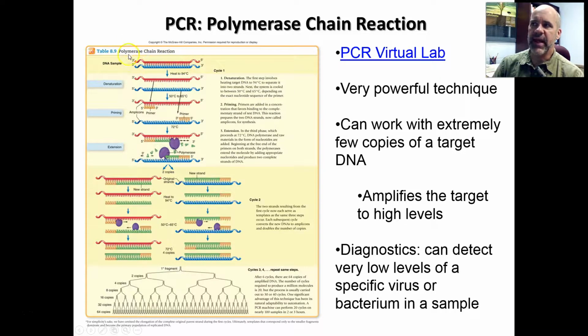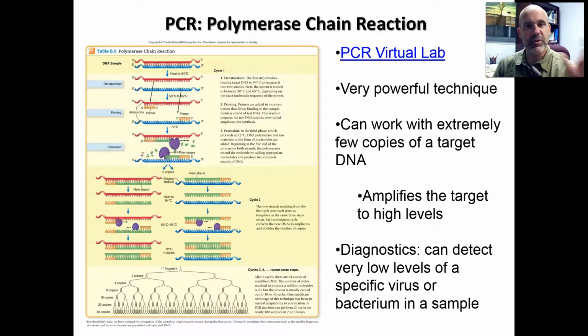Just kind of in a nutshell what happens. Here you've got a DNA sample, and during PCR there are three major phases. One is denaturation, which means the DNA double helix unwinds, it separates. And you have designed primers, PCR primers. These are little stretches of A's and G's and C's and T's that specifically match up with a particular area of DNA that you want to amplify.